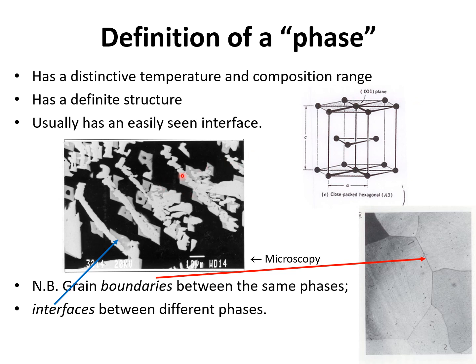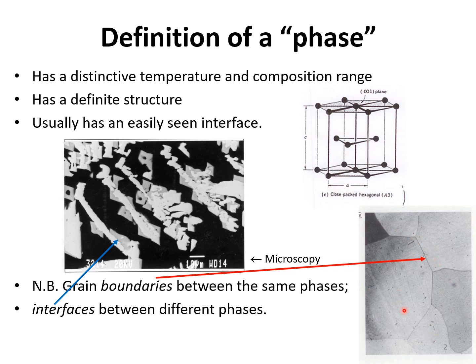And a phase here, you've got three phases, and they've got distinct contrasts, and they've got distinct boundaries. And they usually have a definite structure, and they exist over a distinctive temperature and composition range. So we talk about interfaces between the phases, and we talk about grain boundaries when you've got the same phase.